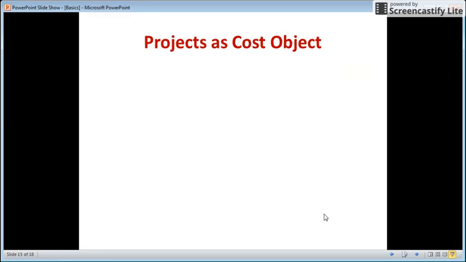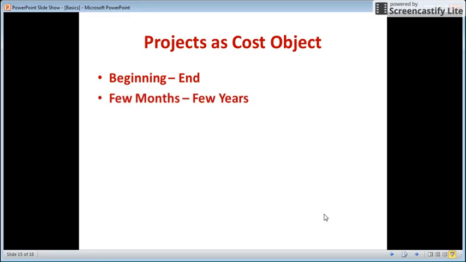Project as a cost object. Let's try to understand what a project is. A project has the following characteristics. Before stating it as a project, check for the following features. It must have a beginning date and an end date. It runs for a few months to a few years only. After completing one project, the company moves on to the next project.